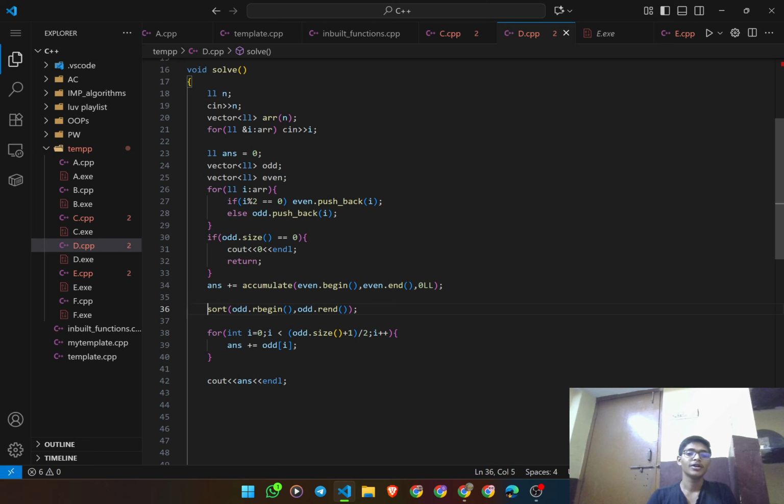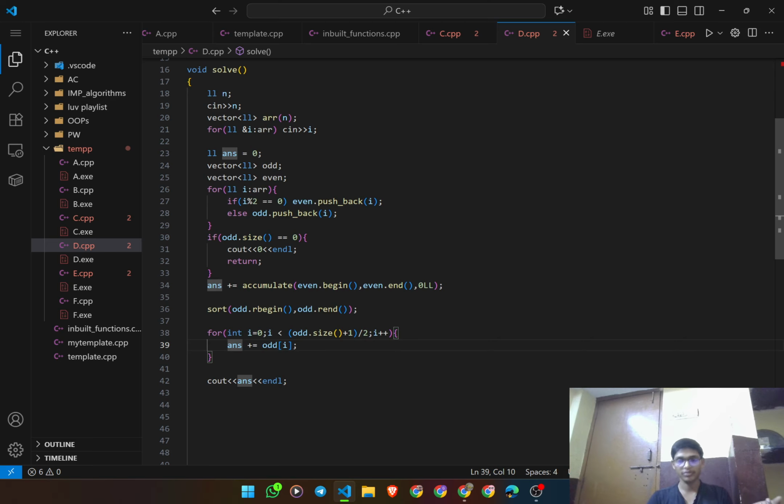After that, what we have to do is sort the odd numbers of dandelions. Now we will first take the highest odd number of dandelions.